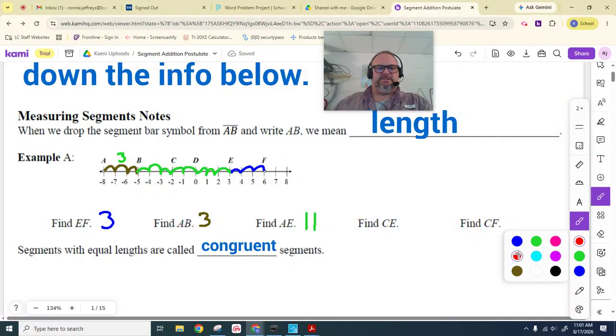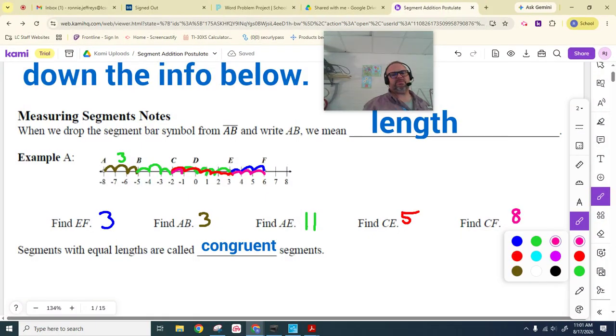All right. C to E, 1, 2, 1, 2, 3. So this would be 5. And C to F. Well, C to E is, nope, that's 5. That's 5 plus 1, 2, 3. So this would be 8.